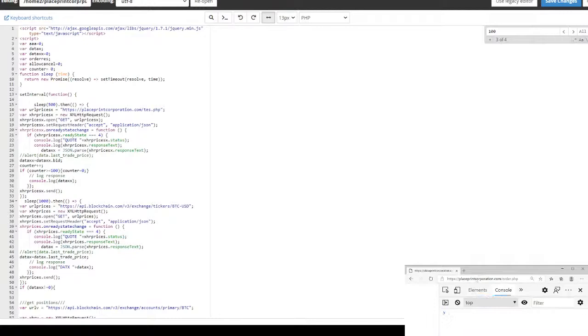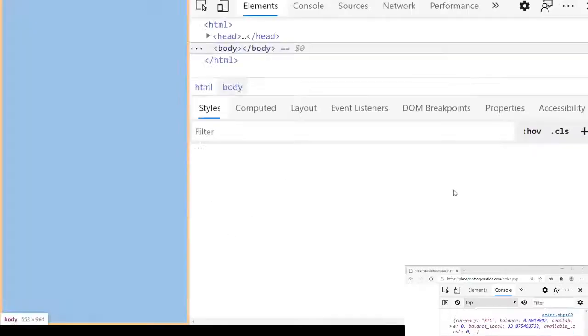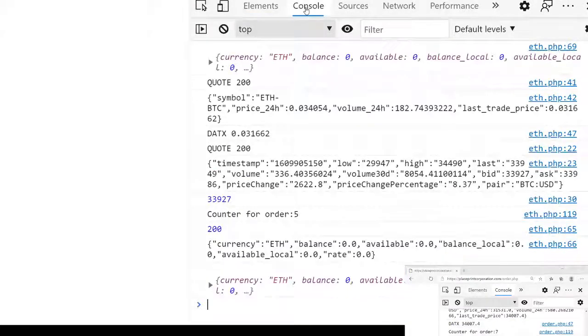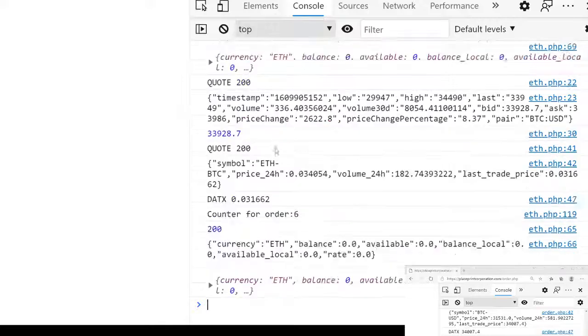The order is refreshed, and we'll go over here to the Ethereum, and yeah, good. No more errors coming through. That's great. We're getting the balances. Good. So this is what we wanted, and now we'll start to see Ethereum orders come through as well. As you can see, our Ethereum balance is 0.